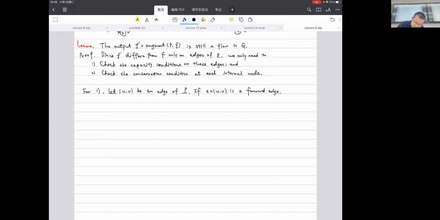For the forward edge case, its residual capacity is c_e minus f_e. Thus, we still have zero smaller than f_e here. We write F prime e to be the flow after augment.